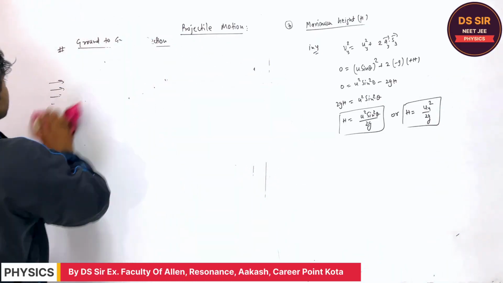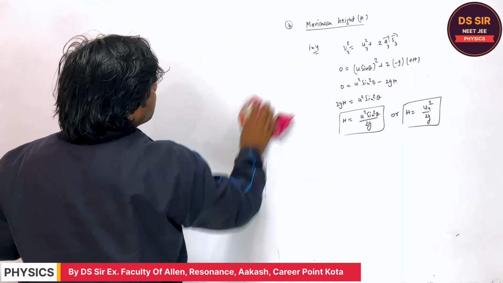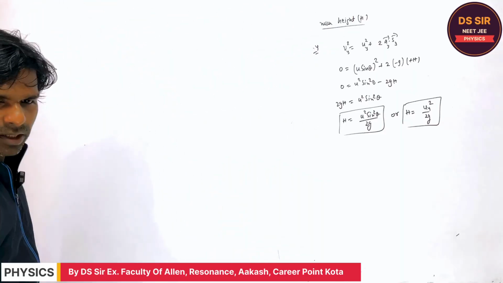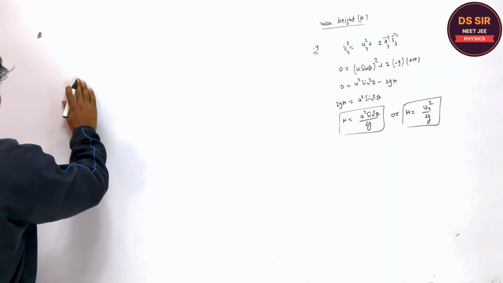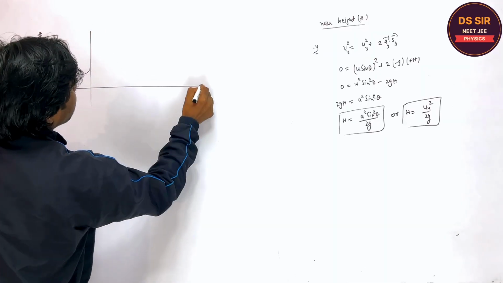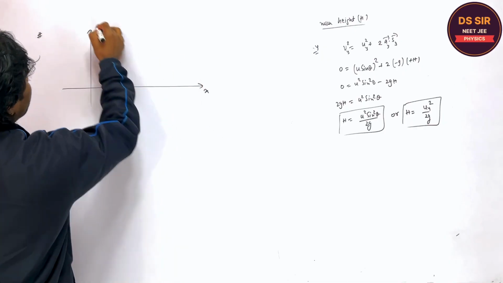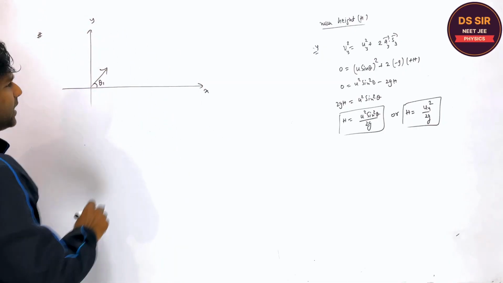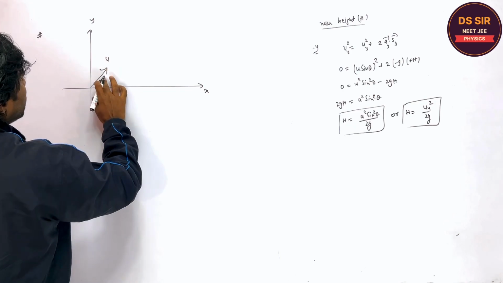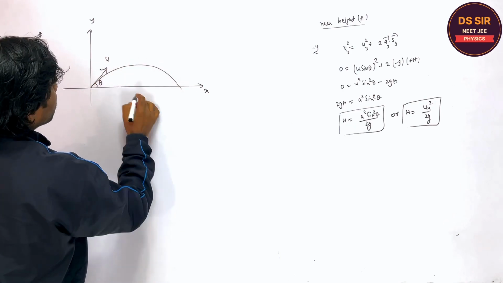Now let us discuss a few important results related to the projectile motion, right? For example, if this is the projectile, this is the x-axis and the y-axis. If you throw the projectile at angle theta 1 with the speed u at angle theta, suppose, so what is the range r1?